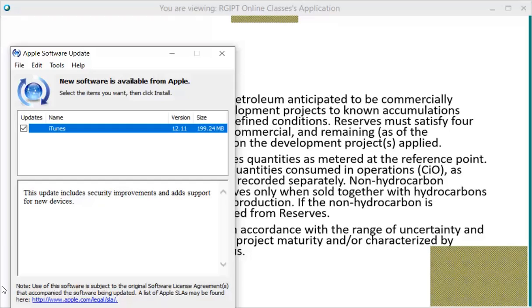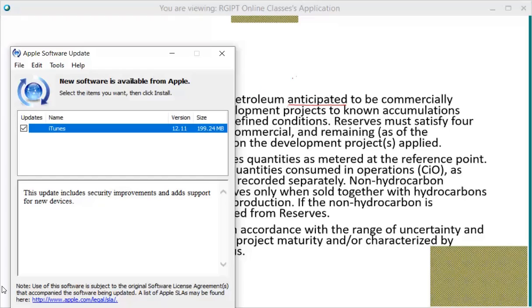Look at this, each and every word. Reserves are those quantities of petroleum anticipated to be commercially recoverable. Okay, that is anticipated to be commercially recoverable.